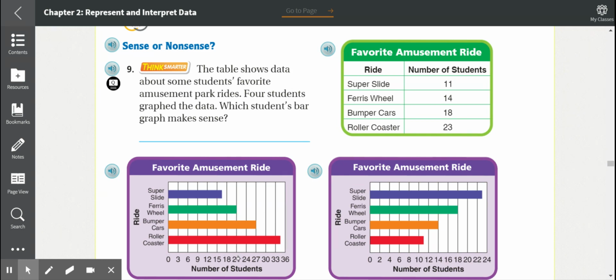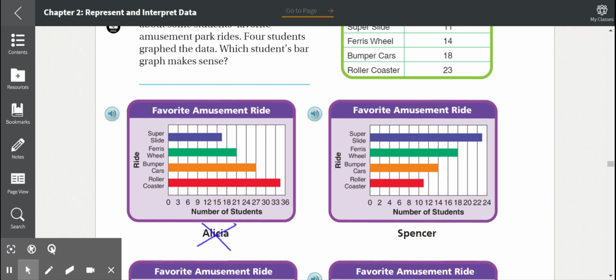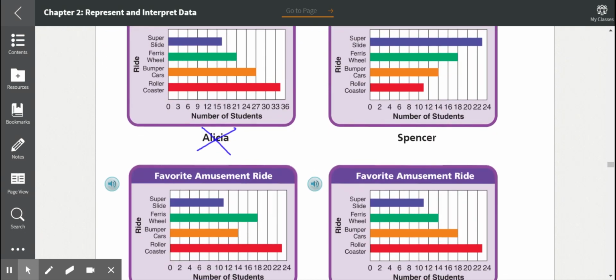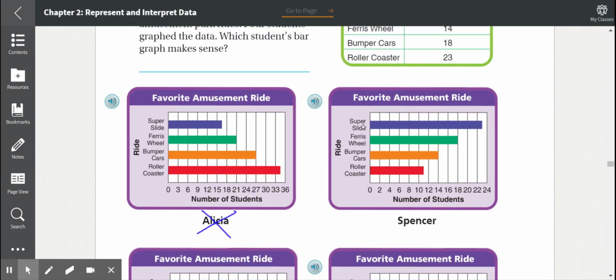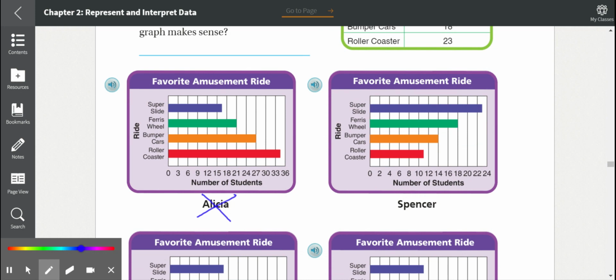So that also doesn't work. So we know it can't be Alicia. So we'll just cross this out. Let's move on to Spencer. Spencer has the super slide, and his bar goes all the way up to the 20s. 20 students weren't surveyed for super slide. Only 11 students chose that. So again, that one doesn't make sense.